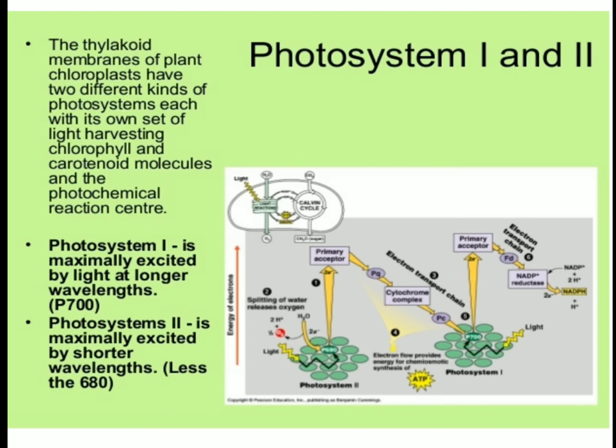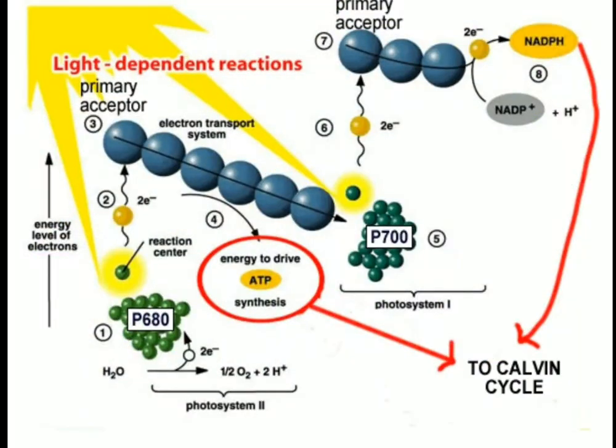These electrons are picked up by the electron acceptor, which passes them to the electron transport system consisting of cytochromes, as you can see in this figure and in detail here.